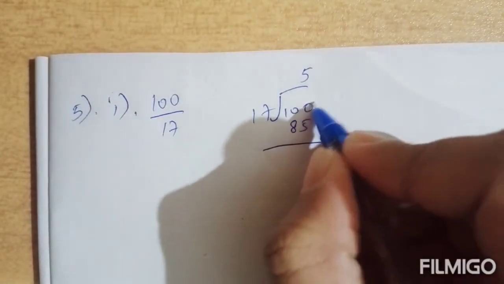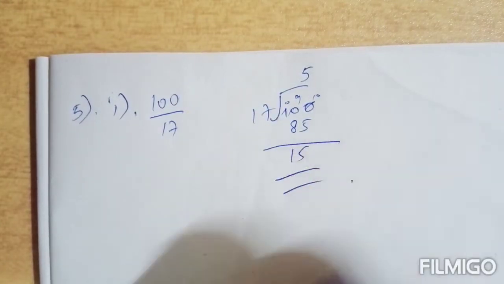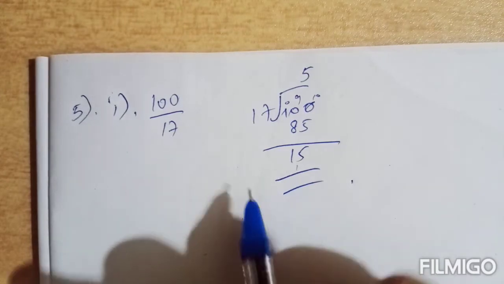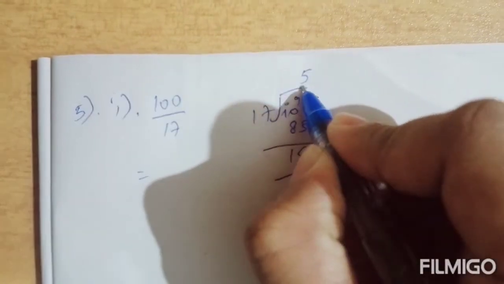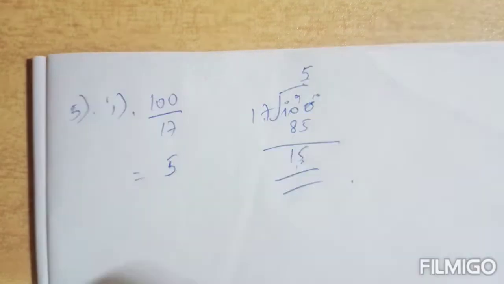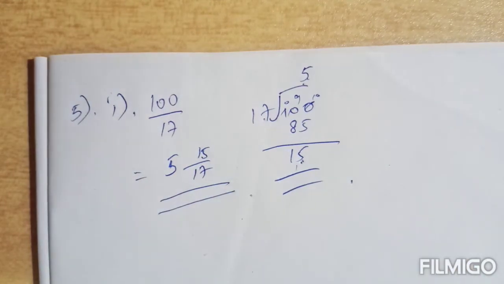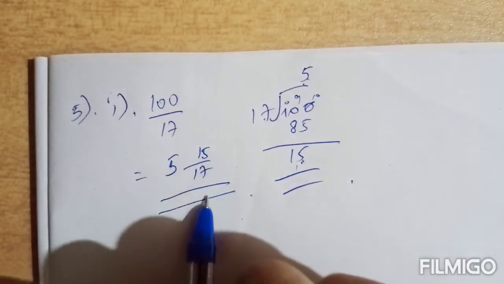What will be the remainder then? Remainder will be 15. On converting this to a mixed fraction, what will you get? First write the quotient, that is 5. Then remainder by divisor, 15 by 17. So this will be the mixed fraction, 5 15 by 17.